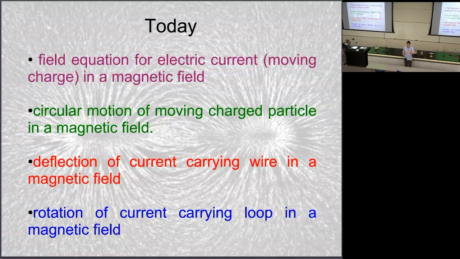We're going to look at another important case of the magnetic force on a straight current carrying wire in a magnetic field. And we're also going to look at the case of a current carrying loop of wire in a magnetic field and the interaction that it experiences. So that's the task for today.